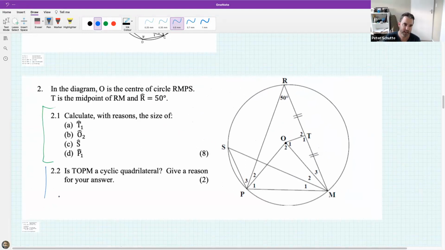Part two says, tell me if this one is a cyclic quad. Now, we're gonna go for 5 minutes more, then take our break. Can you guys try and do this first part here for me? Can you try and do that? And then we'll take a break when you've done that, and we'll come back after the break and start with the 2.2 part.